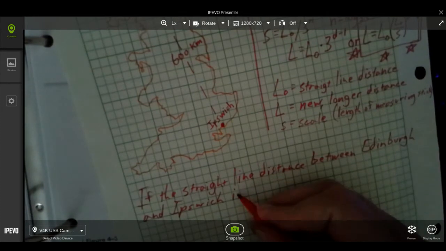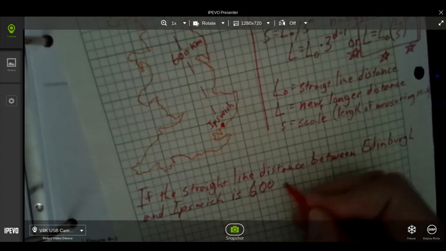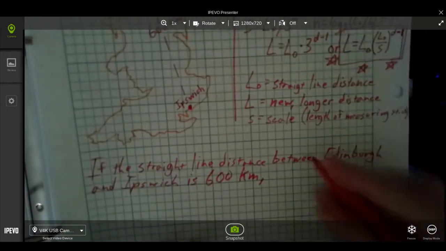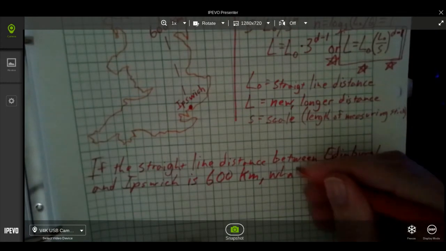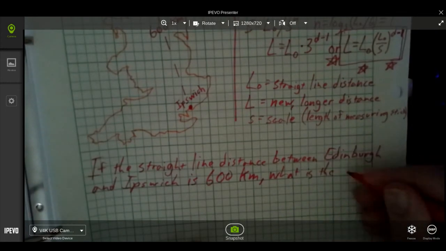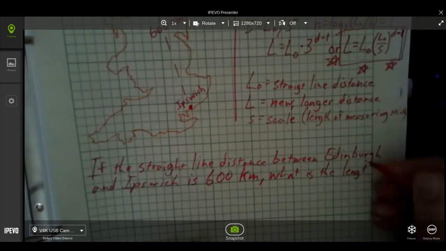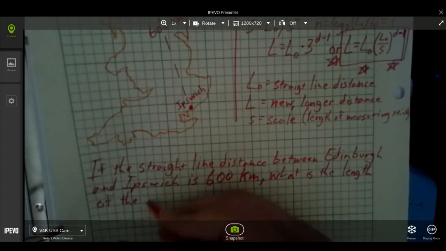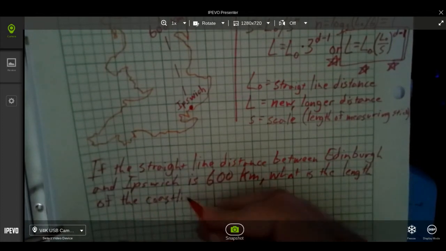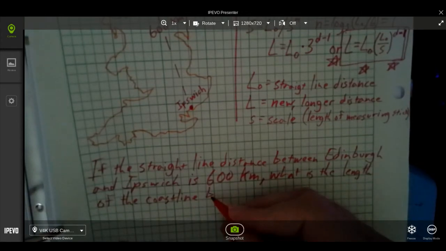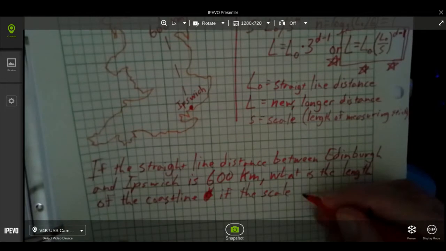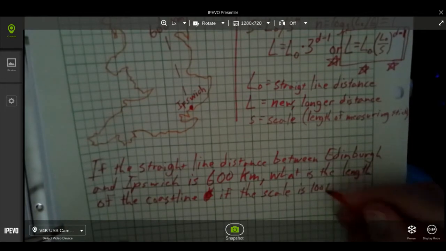If the straight line distance between these two cities is 600 kilometers, what is the length of the coastline if the scale is 100 kilometers?